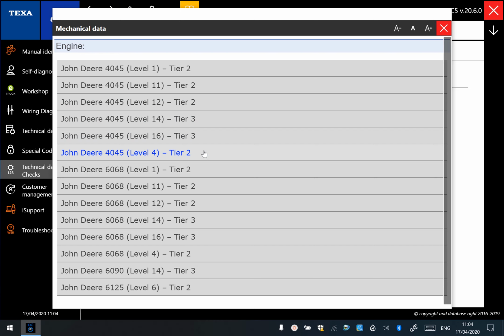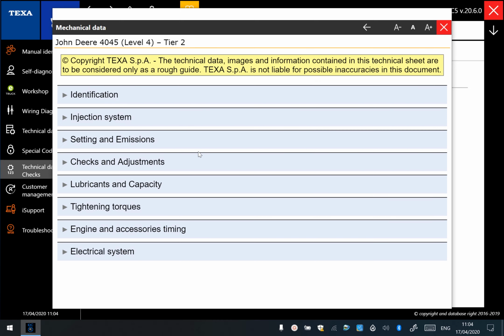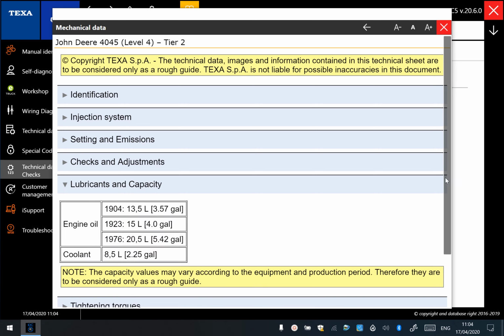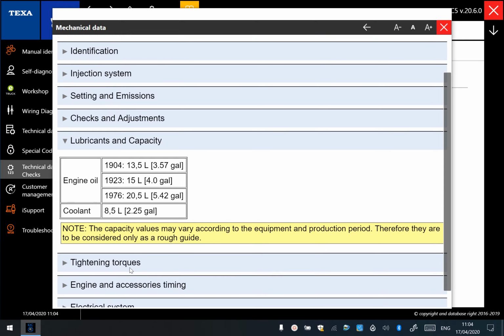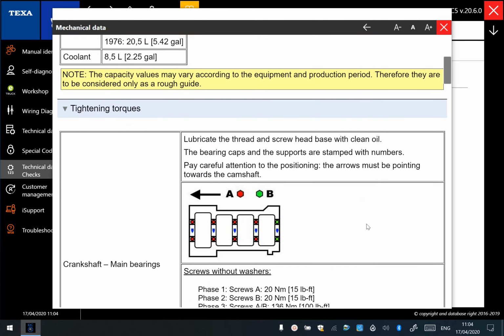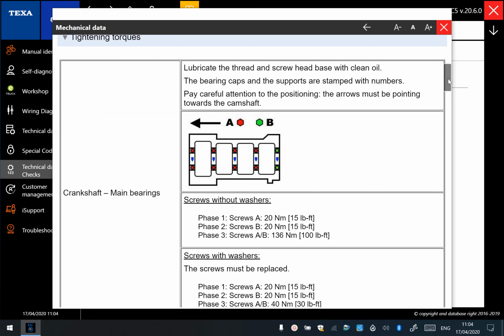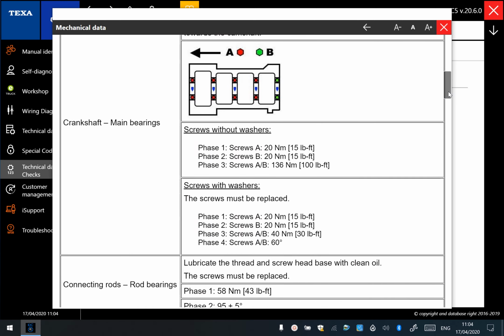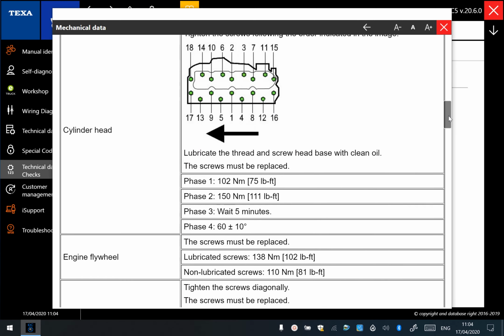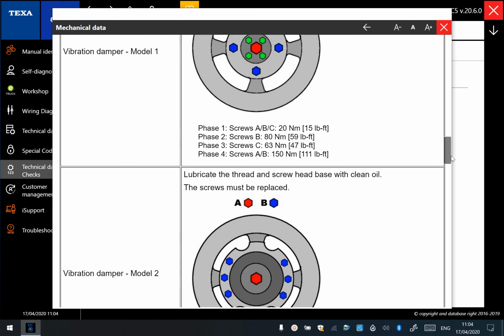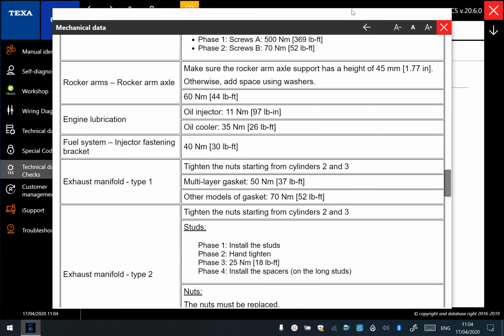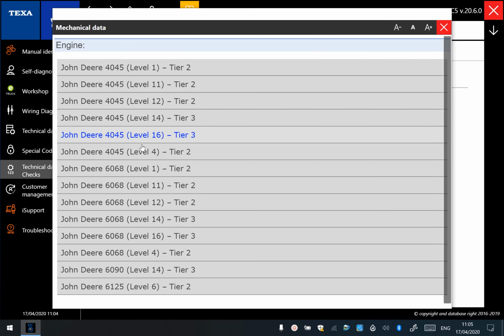So for example, if you're picking a particular model, this is where you can look at information such as lubricants, capacity levels, tightening torques, all sorts of information, layouts, the sorts of information you'd need to talk to the dealer about, bolt configuration and so on. So there's a lot of information in there to help you when you're diagnosing.